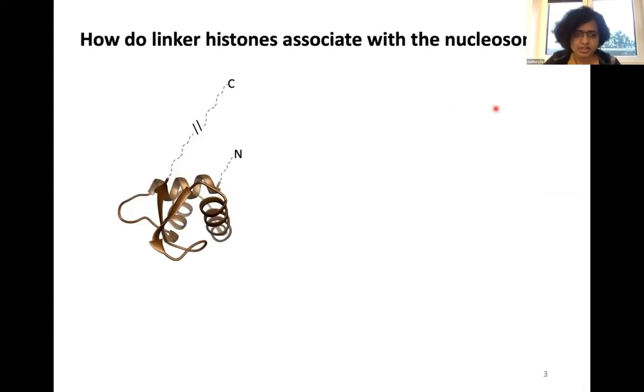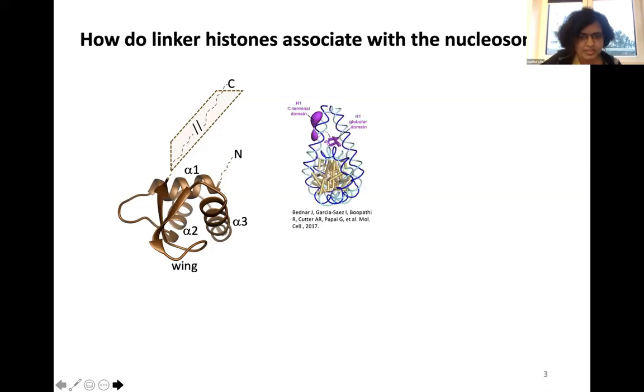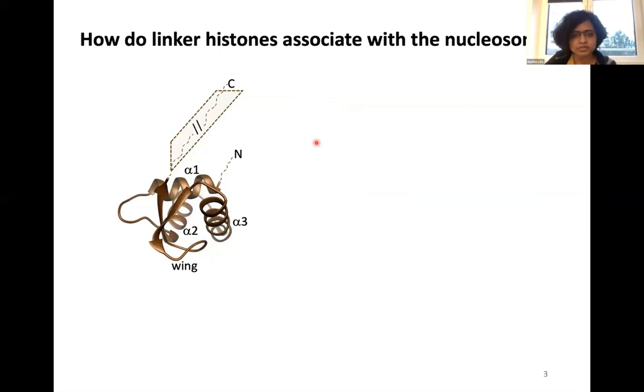So a brief introduction to the linker histone. The linker histone is about 200 amino acids long, highly positively charged. The C-terminal domain is about 50% of the linker histone, and it's intrinsically disordered. The C-terminal domain associates with either one linker DNA or with both.